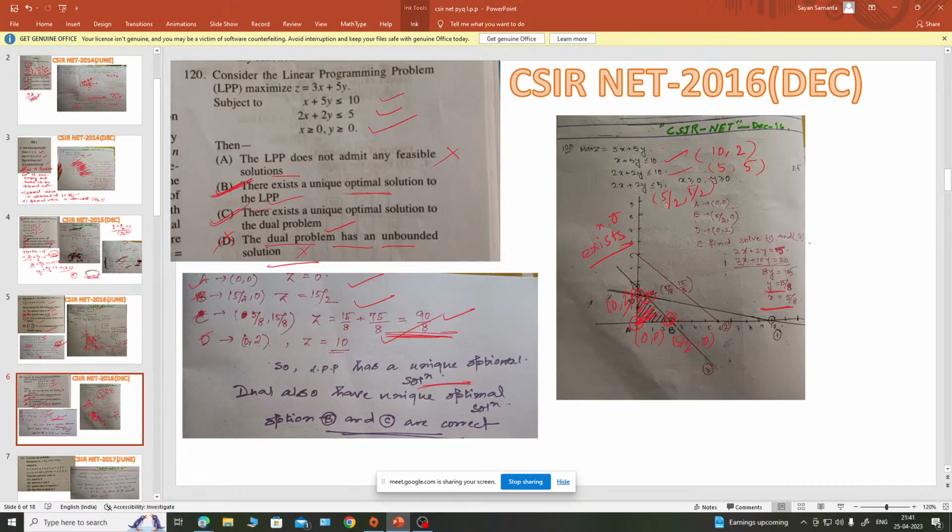Optimal means the problem is maximized. So here, which option is maximum? That is 19 by 8.